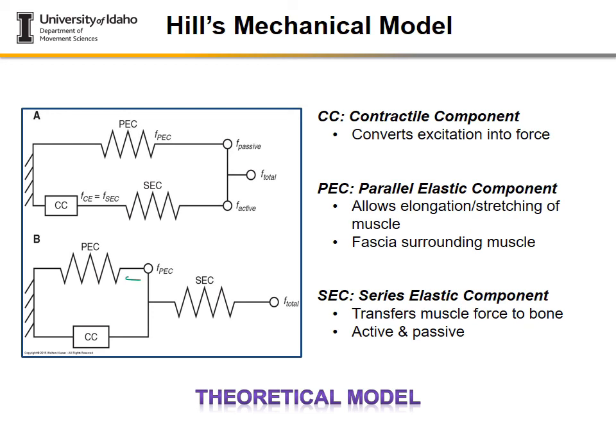But what you'll see is that for the series elastic, there are two different ways in the A and B depictions here. Series elastic can transfer the combination of the parallel elastic and the contractile component forces, or it could just transfer the contractile component and meet up in the tendon with the parallel elastic force here.